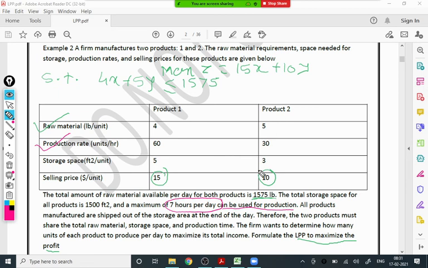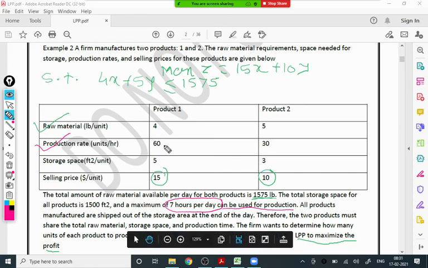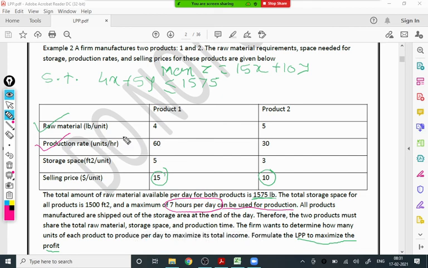So X upon 60 plus Y upon 30: X upon 60 is the number of hours required to produce X units, and Y by 30 is the hours for Y units, and that is less than or equal to the total number of hours, 7. So that is the second constraint, that's correct, good.